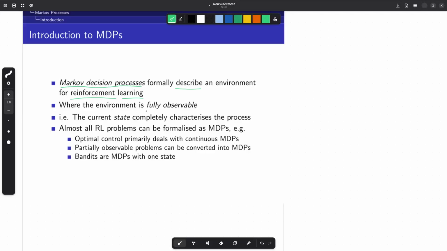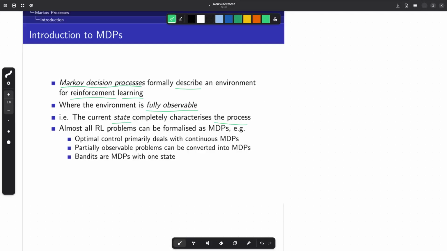And when we use Markov decision processes, we assume that our environment is fully observable. So the current state of our problem completely characterizes the process. When you know your state, that's the only thing that you are going to need to predict the behavior of the environment, independent of the past states that you have seen.